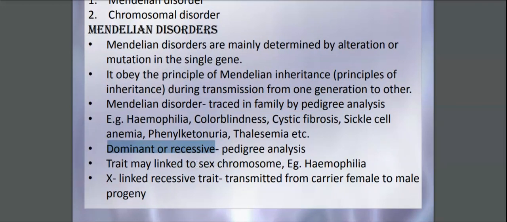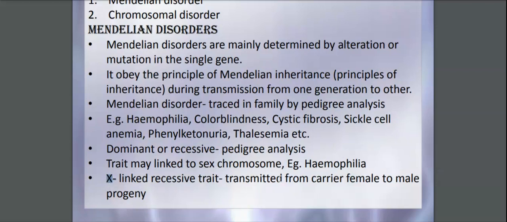An example of a recessive gene that is linked to the sex chromosome is hemophilia. The sex chromosome that we're talking about is the X chromosome, so we call it a sex-linked recessive trait. So hemophilia we say is a sex-linked recessive trait because it is linked to the X chromosome, which we all know is a sex chromosome.